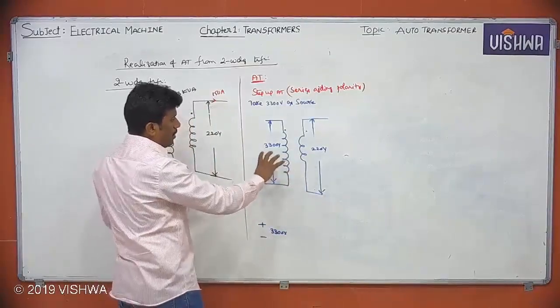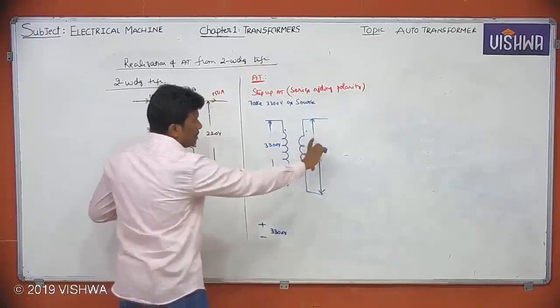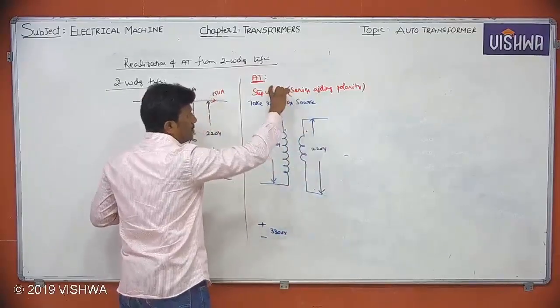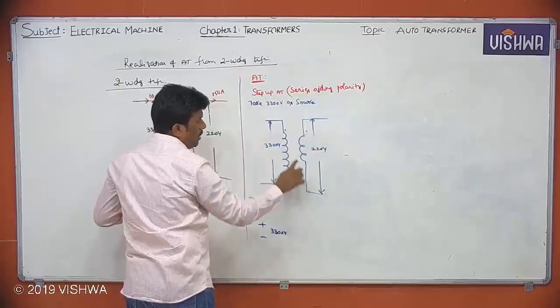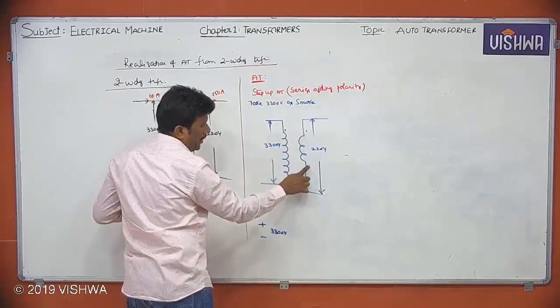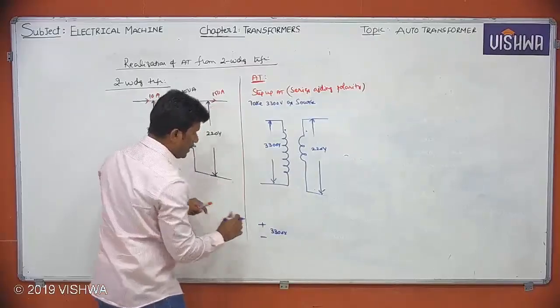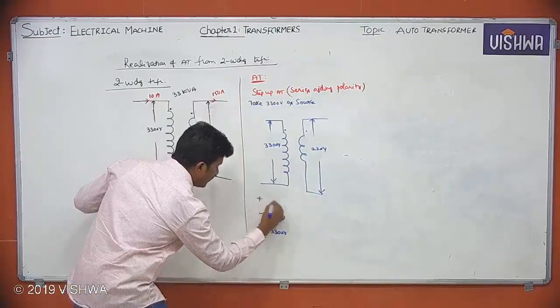If you want 3300 plus 220 as output voltage, then to this dot I connect the non-dot of the 220 volts winding.